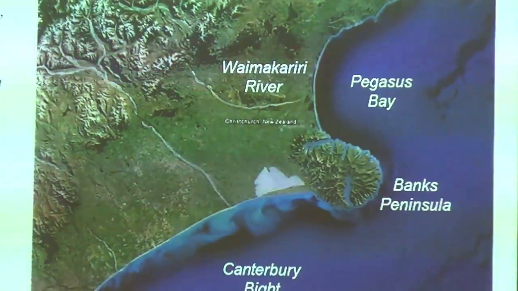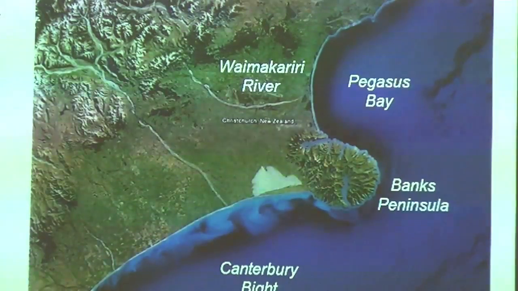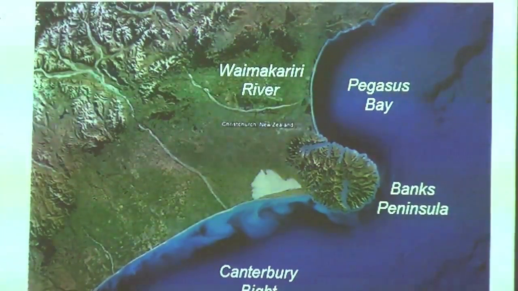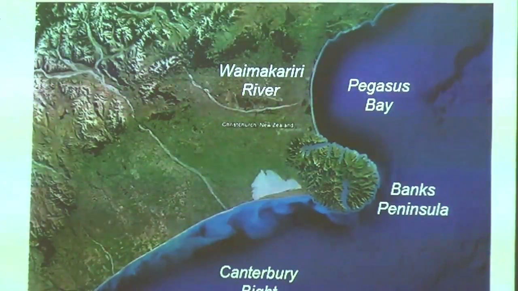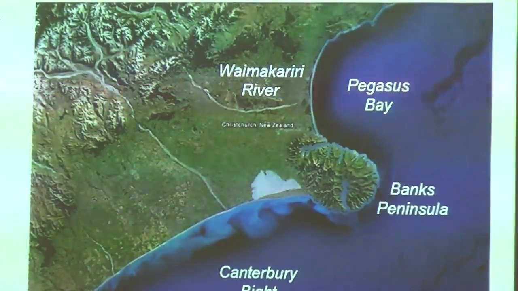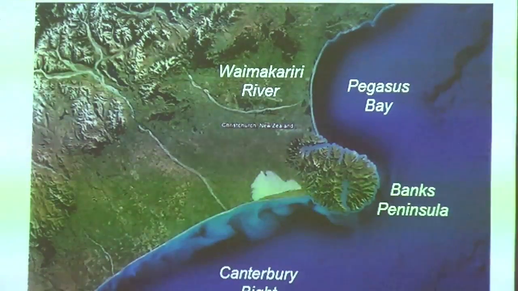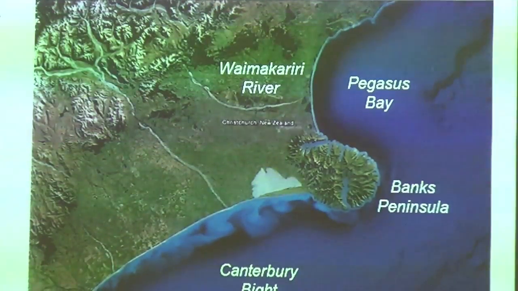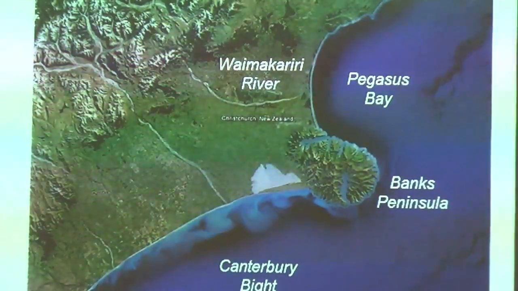Here, Pegasus Bay, our Christchurch coast, we're sheltered from a lot of very high wave energies coming from the Southern Ocean by Banks Peninsula. It's our big protector from the Southern Ocean swell waves. It doesn't protect the Canterbury Bight, and that's why this environment is much higher energy, and consequently you get much more gravelly beaches.